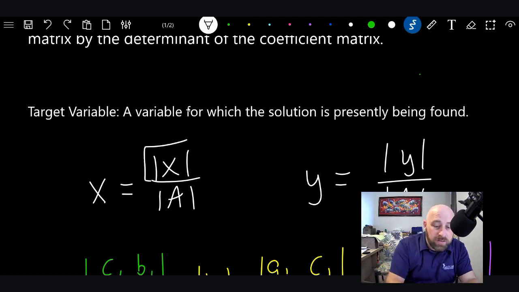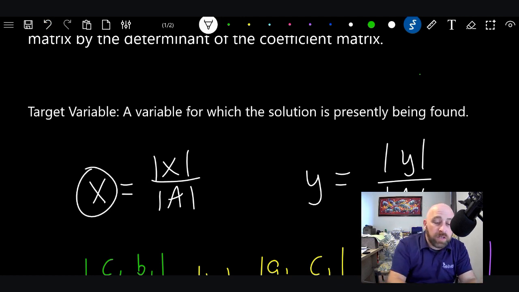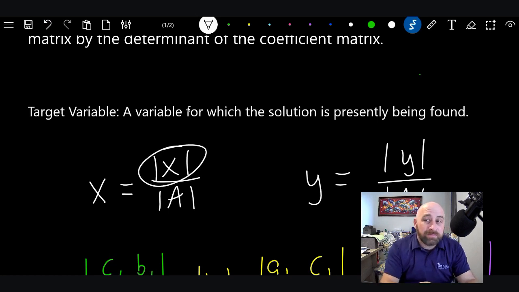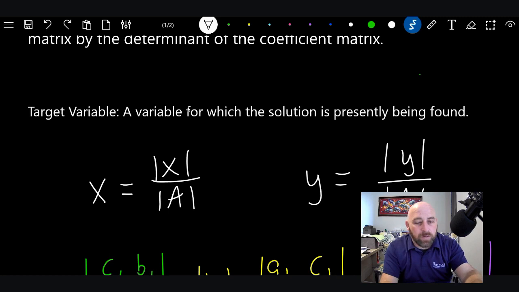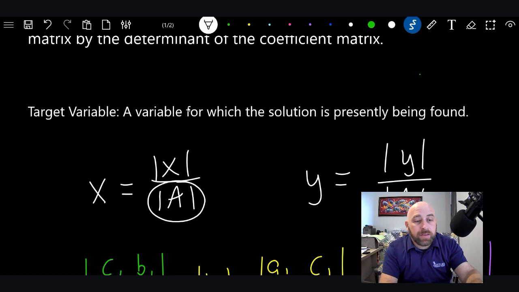Notice it says the target variable. So if we're looking for x, x is our target, then the x matrix, and you'll see how that works in just a second, the x matrix, remember the determinant matrix, is over or divided by the coefficient matrix.